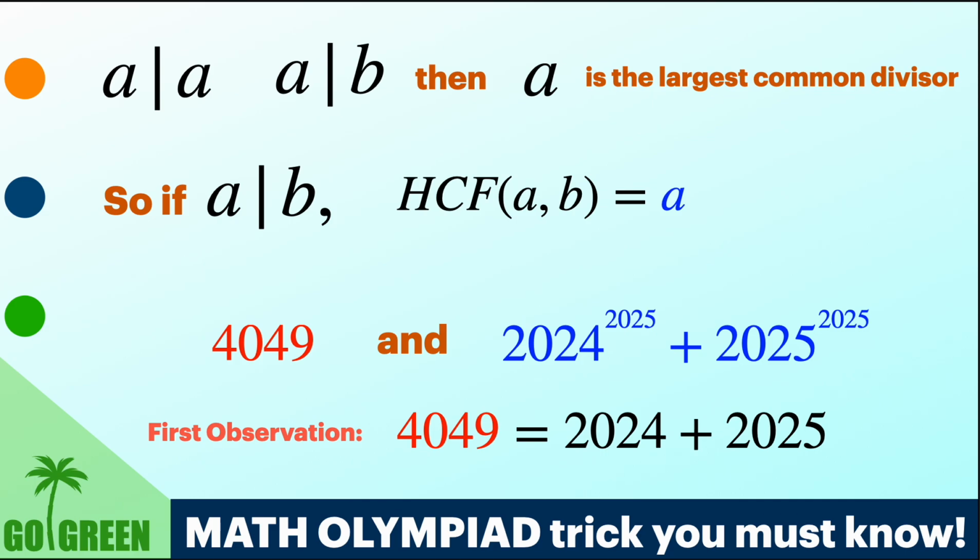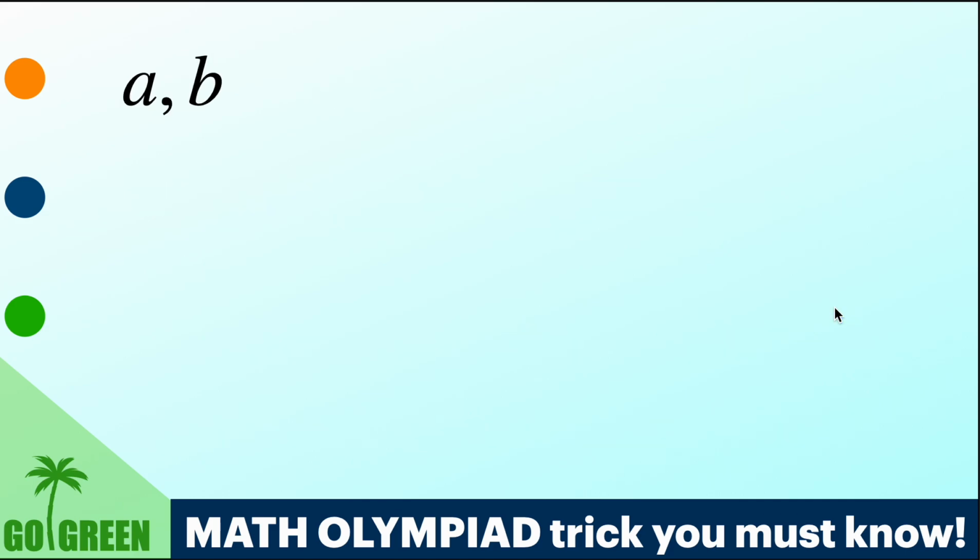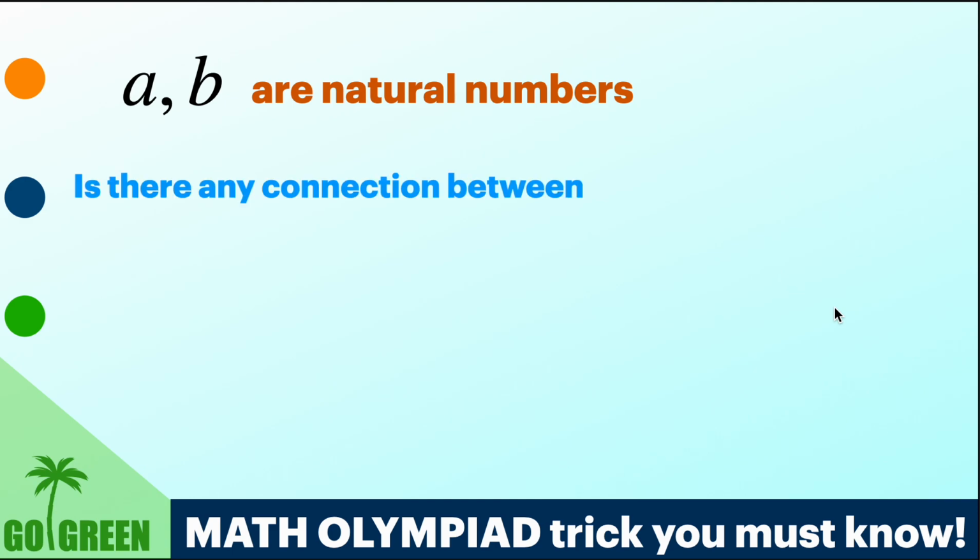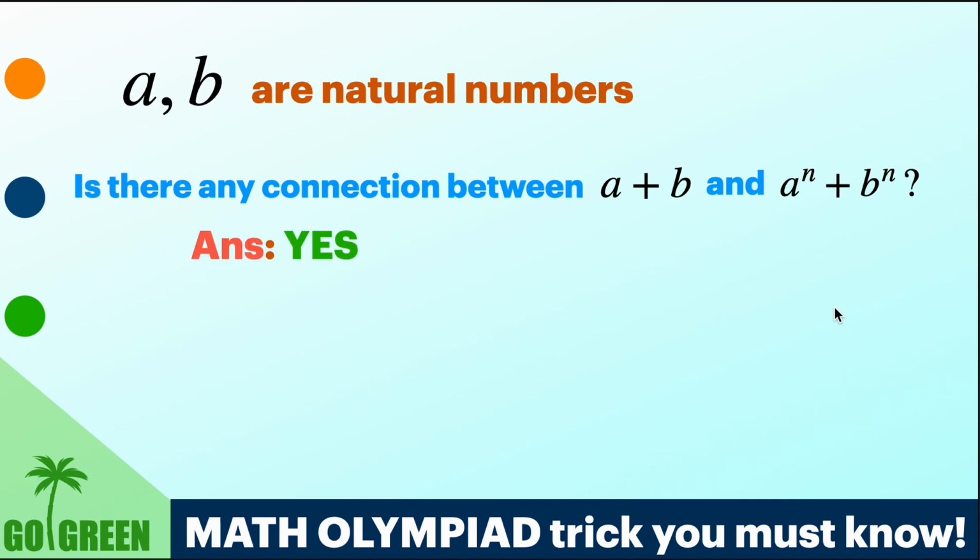It is like A plus B, and this is A to some power plus B to that same power. This motivates the question: suppose A, B are natural numbers. Is there any connection between A plus B and A to the n plus B to the n? In general, for all n, there is a connection, but not always.